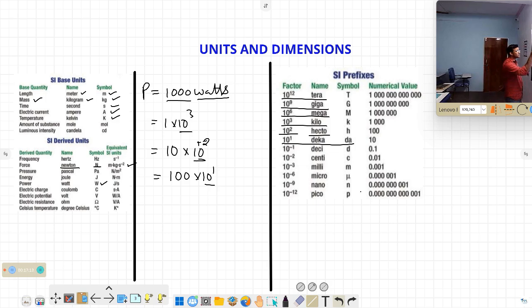So here I can express this power in terms of kilo, 10 cube, that means 1 into 10 cube, simply 1 kilowatt.